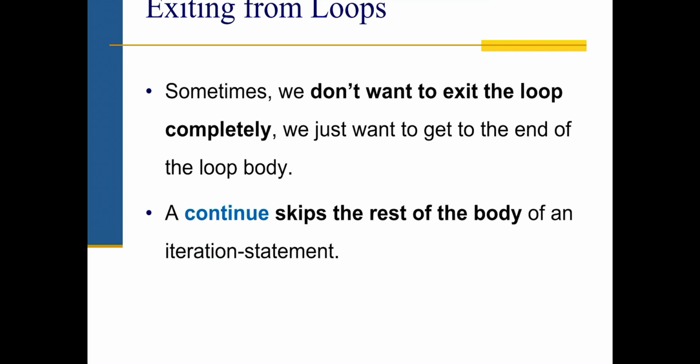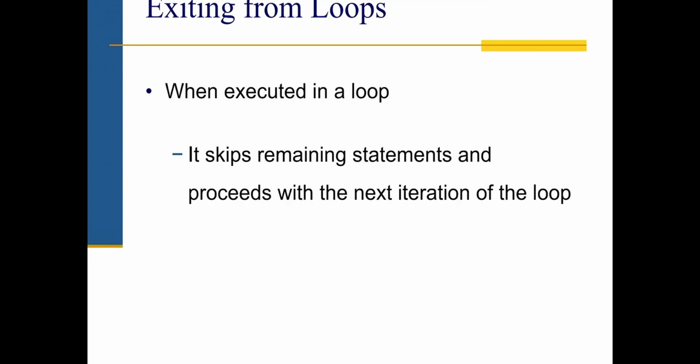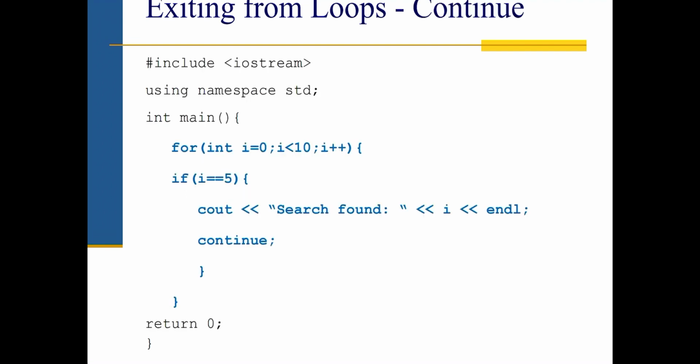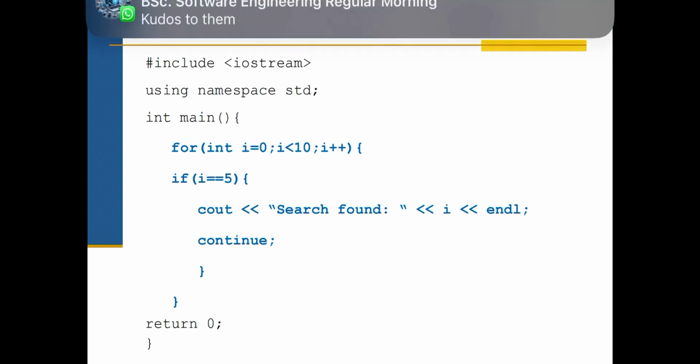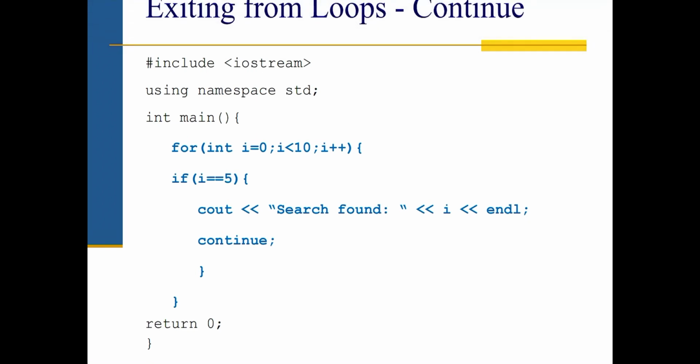A continue skips the rest of the body of an iteration statement. And when executed in the loop, it skips the remaining statements and proceeds with the next iteration of the loop. And this is how to use the continue. It is similar to the break. And this code is for a for loop.